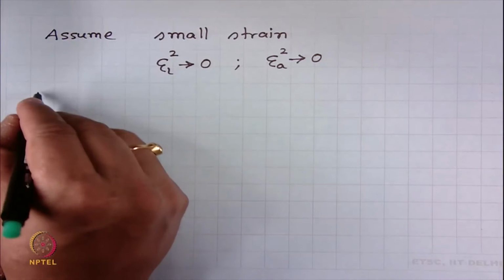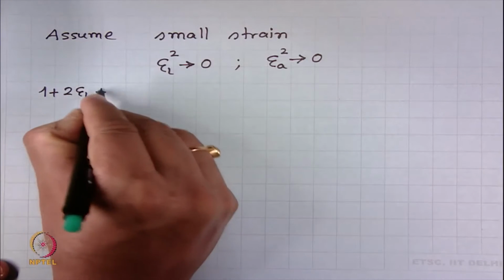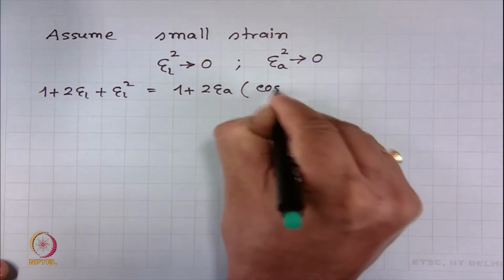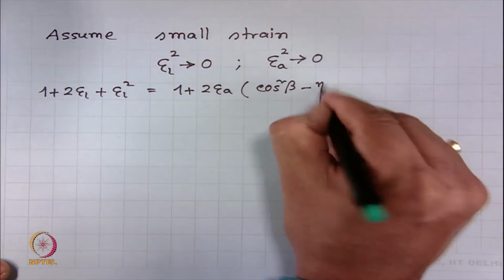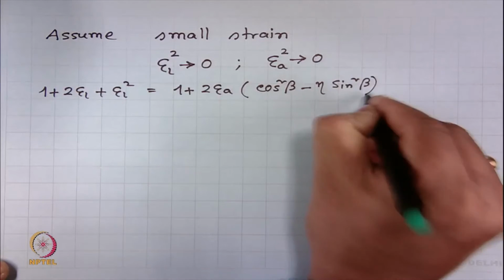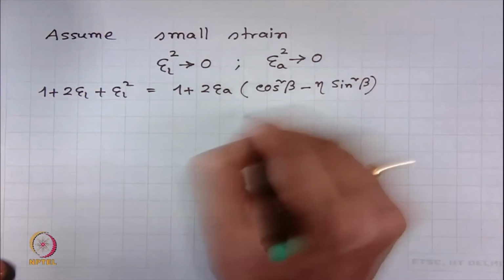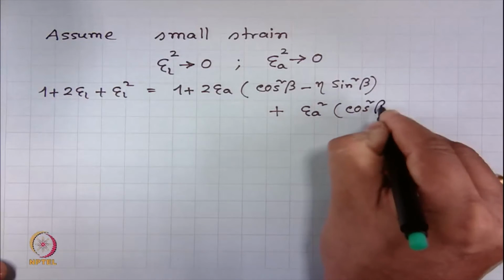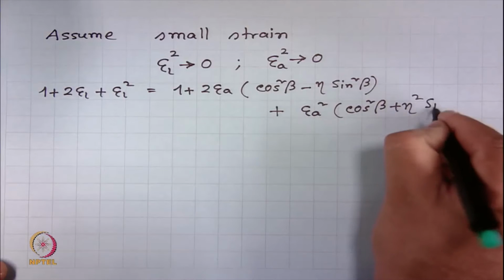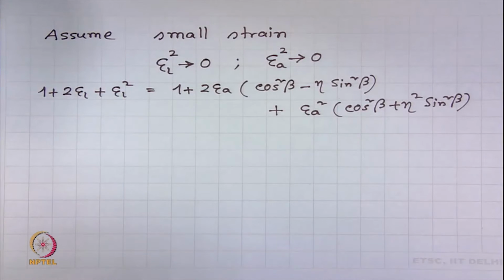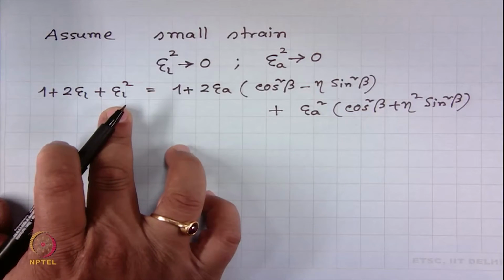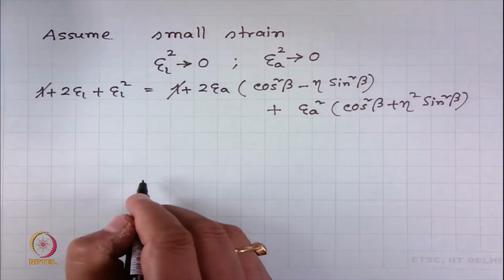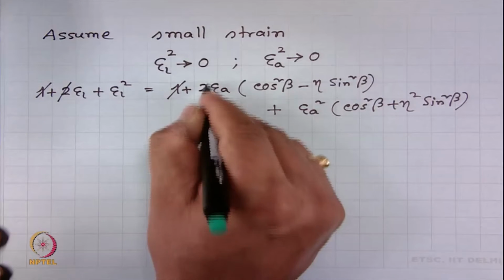So, if we rewrite our earlier expression: 1 plus 2 epsilon a cos square beta minus eta sin square beta, plus the squared terms. When these tend to 0, the 1 and 1 cancel out.